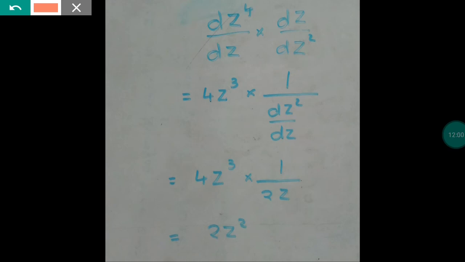Now I have multiplied this term with dz and divided again this term with dz. Alright, now you can differentiate this z raised to 4 by dz. You can differentiate this, it is 4z cube. And now see what happens to this dz?